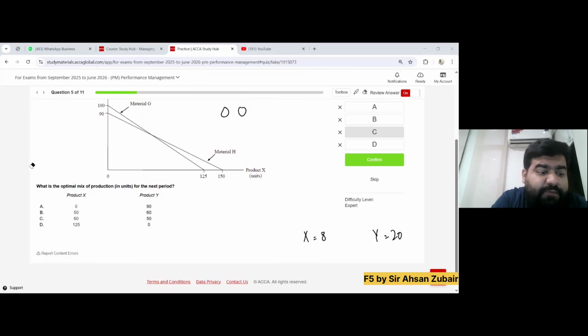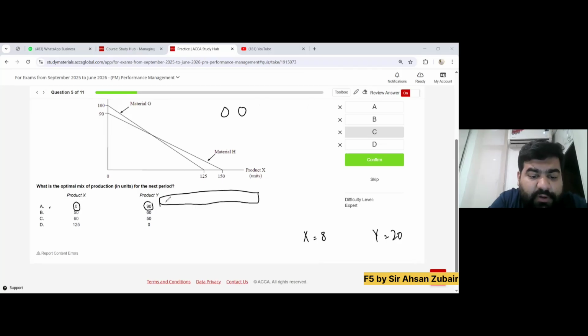So in option A, product X is made 0 and we are making only product Y. Let us calculate the total contribution. The contribution of X is 8, but we are making 0 units, plus 90 into 20.